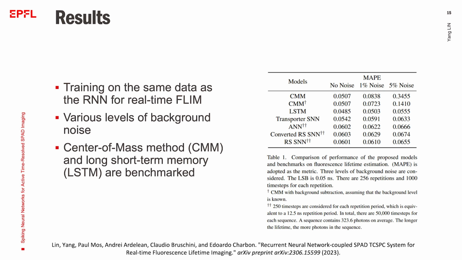This is understandable because the LSTM has many more parameters in a complex architecture. The Transporter SNN outperforms the CMM in the presence of background noise. The evaluation of the Reversed Start-stop SNN is different due to its unique encoding. Nevertheless, it shows robustness at different noise levels and outperforms the CMM in the presence of background noise.